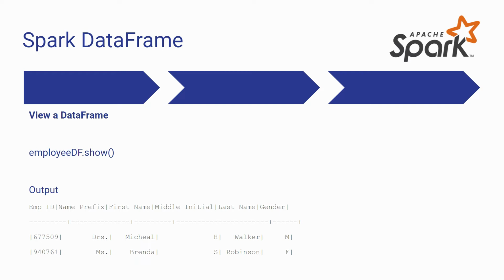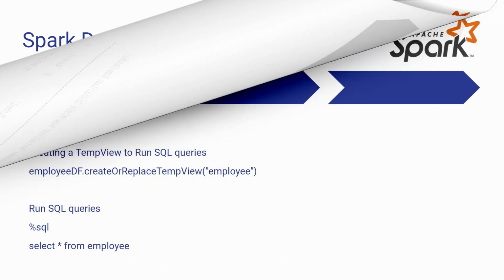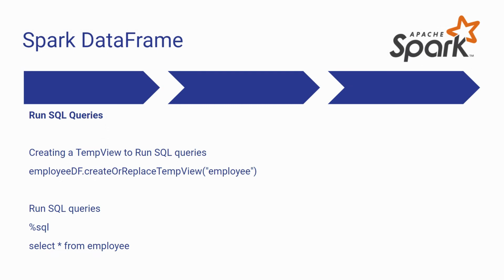We can also view the data frame by typing the data frame name dot show, which will display the data. We can also run queries with respect to the data frame. First we need to create a temp view to run SQL queries: employeeDF.createOrReplaceTempView employee.